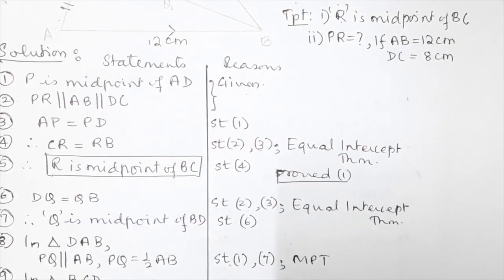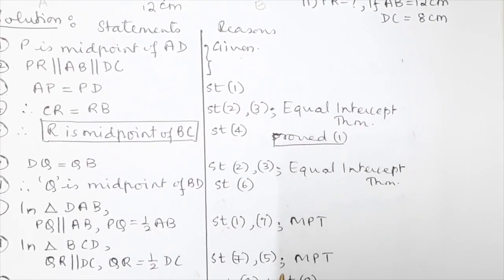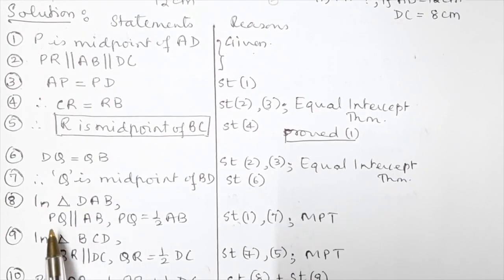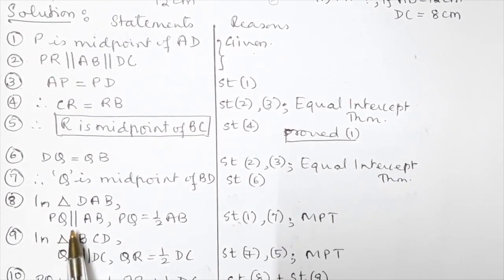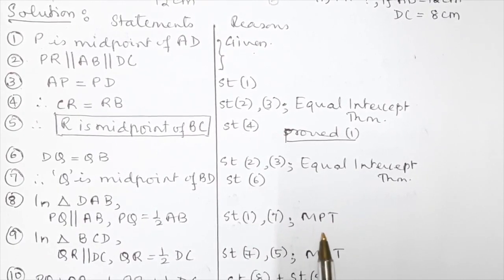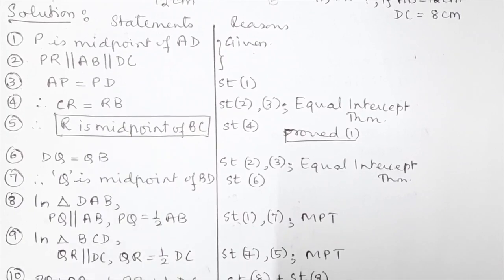Now you keep the diagram in front of you because my diagram you will not be able to see. In triangle DAB, PQ is parallel to AB because P and Q are the midpoints of AD and DB respectively. And so PQ will be half of AB. This is from statement 1 and 7. Look at your statement 1 that says P is the midpoint and 7 says Q is the midpoint.